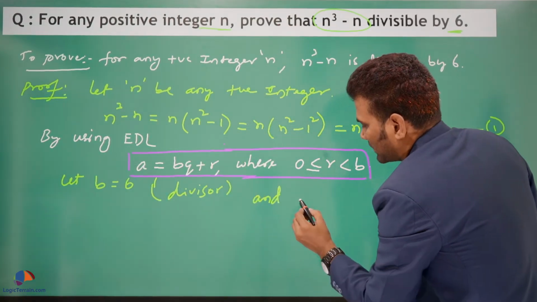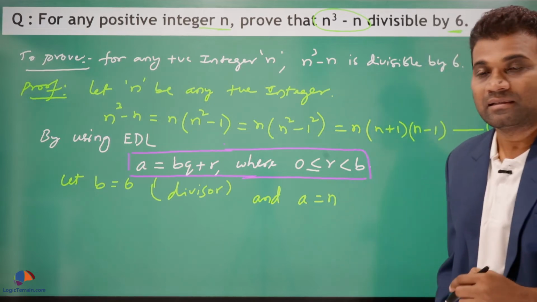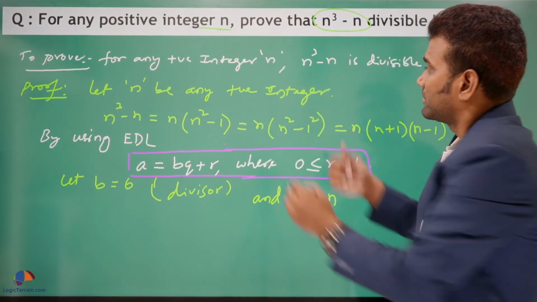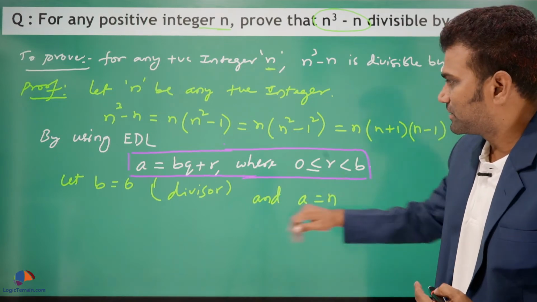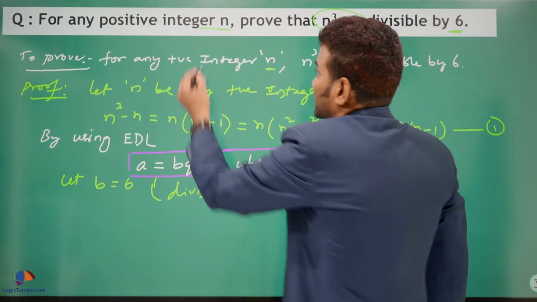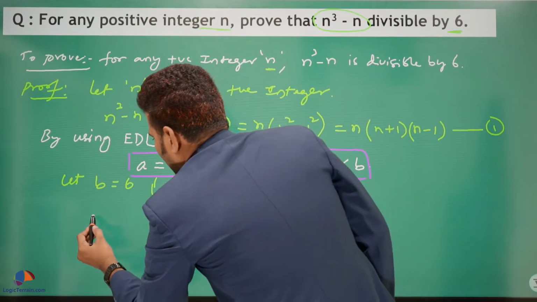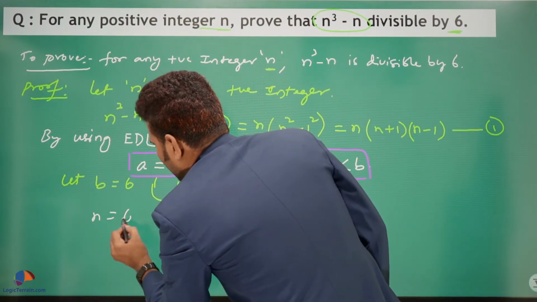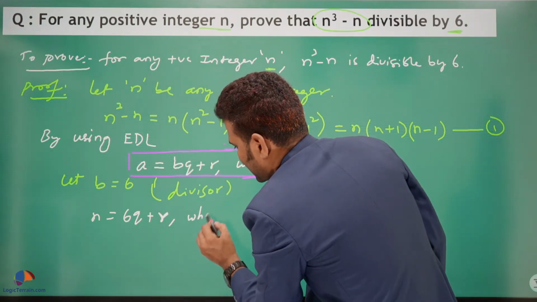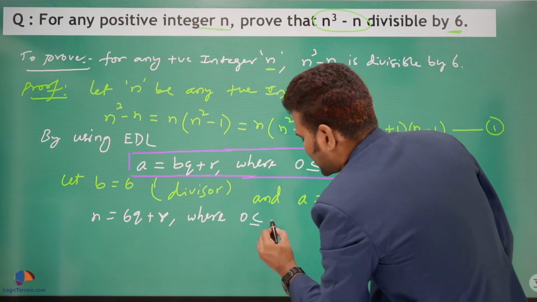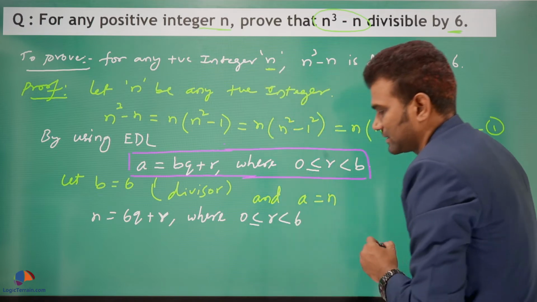And a equals n, since the positive integer we have taken is n, right? On substituting these values in the EDL, this becomes n equals 6q plus r, where 0 is less than or equal to r is less than 6.